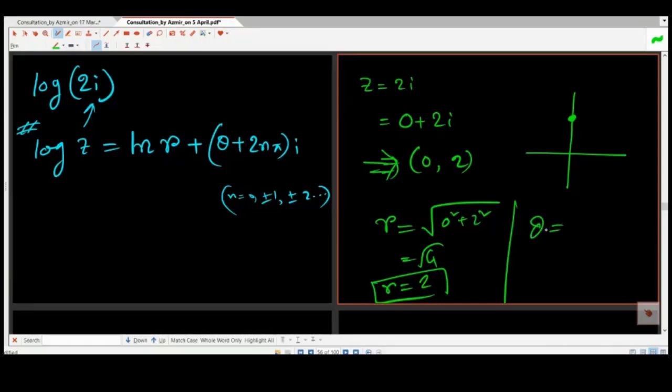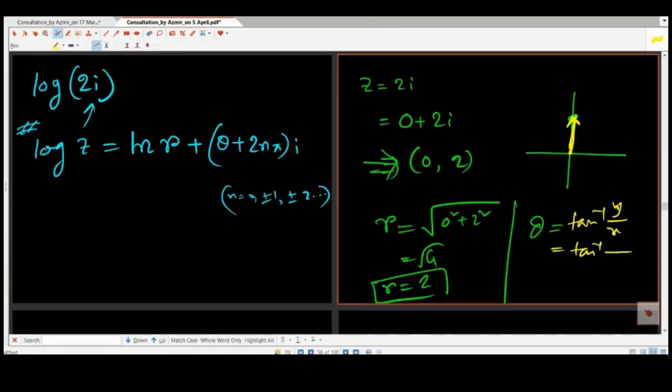Now the angle. That angle should be the principal argument. Since the point is in first quadrant, whenever I started the session, I mentioned that if a point is in first quadrant or fourth quadrant, then the formula that we have will give us accurate result.